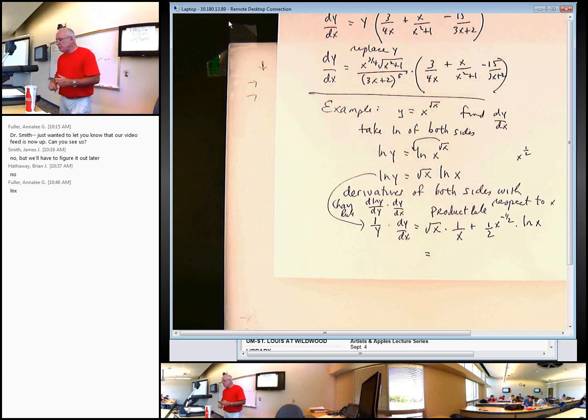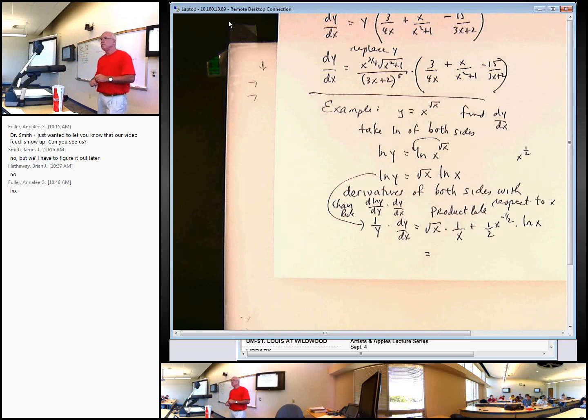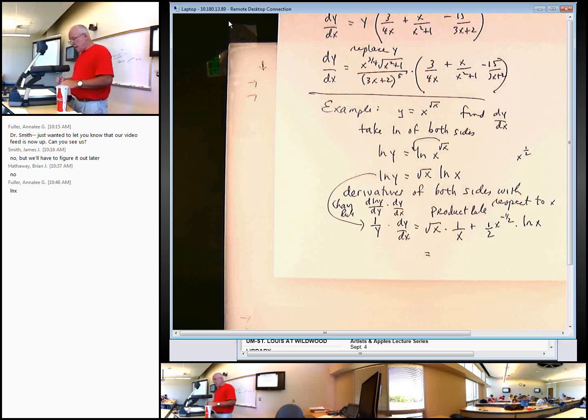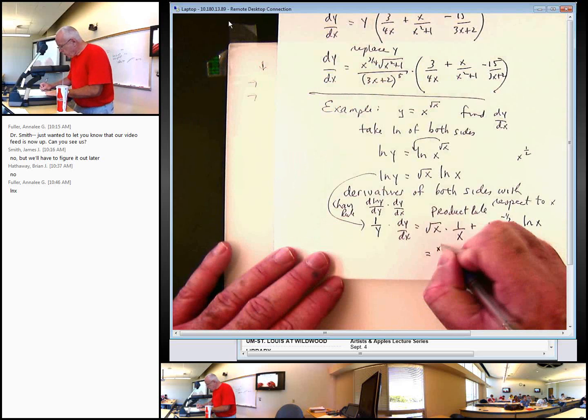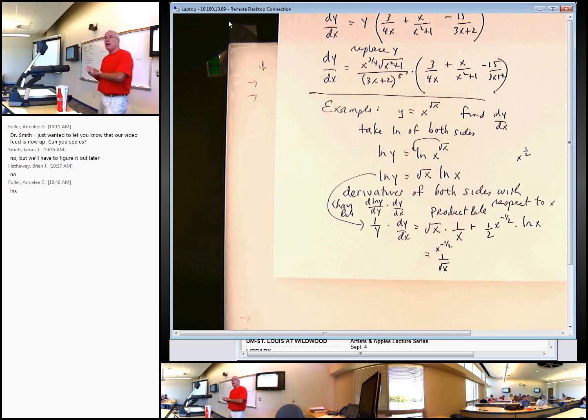How can I represent the square root of x divided by x as just a single quotient? Yes, square root of x divided by x. You're right, but how can I simplify that even further? X to the negative 1/2, it's fine, or even 1 over the square root of x. Either one is fine, okay?